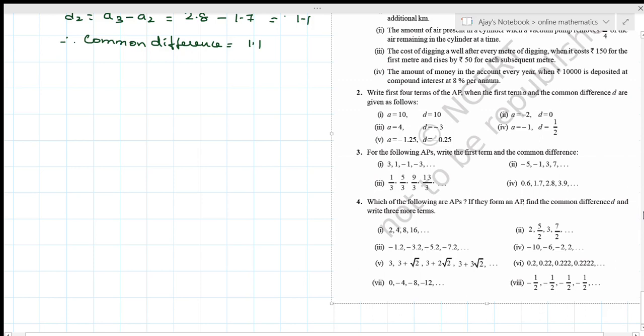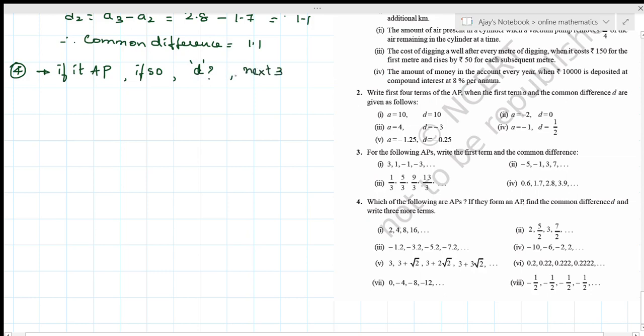So first I have to check if it is an AP. If so, I have to find the common difference d, and I have to find the next 3 terms.